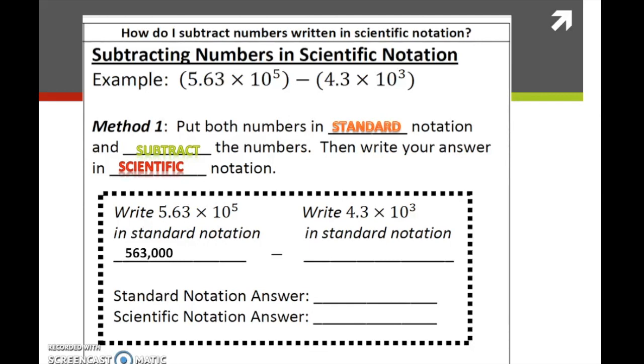When we convert our first factor, we do the same for the second factor. Now we're going to subtract the numbers, and then write that out in standard notation. But our end product is to make sure our answer is in scientific notation, which is shown there. Okay, hope that's making sense.